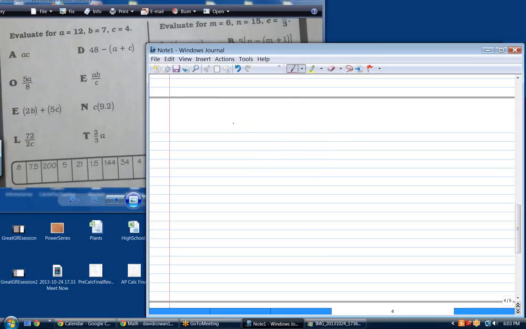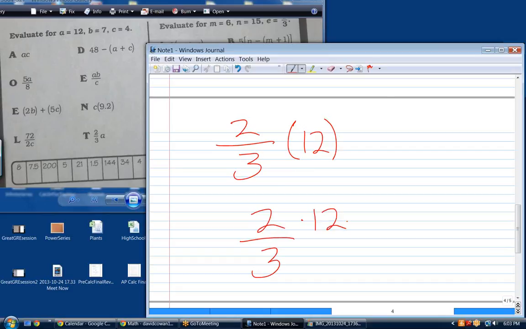And 2/3 times A. Does it matter if I put this 12 where I put it, or is it the same thing as putting it up here?